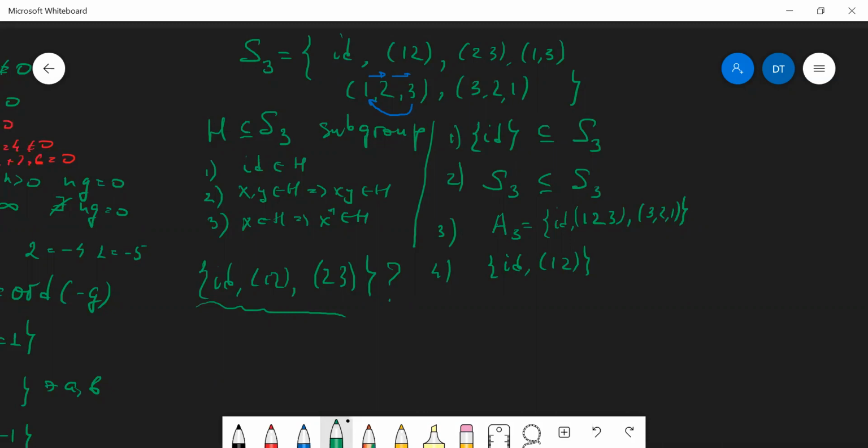It depends on the operation. If the operation is terrible, you may have very few subgroups. If an operation is really good, you may have a lot of subgroups, and it may happen on sets of the same size. So it's a very complicated question.